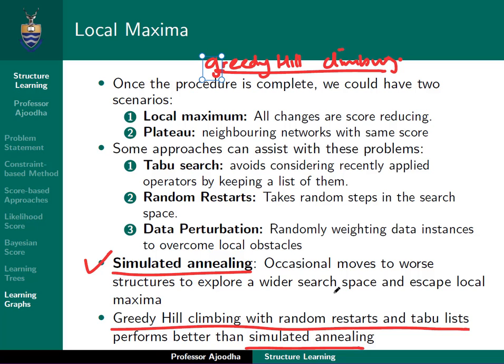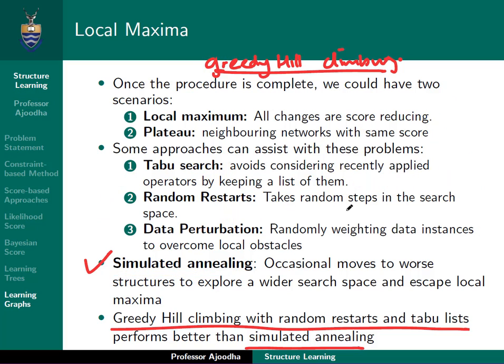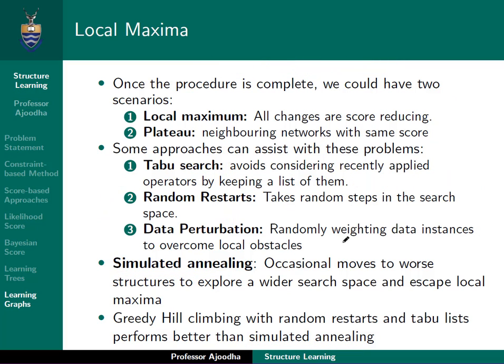Simulated annealing is from metallurgy, where when they make metal, they heat the metal, then they cool the metal, then they heat it, then they cool it, and they do this continuously until the metal is really strong. The analogy here is that we occasionally move to worse structures to explore a wider search space and escape local maxima.